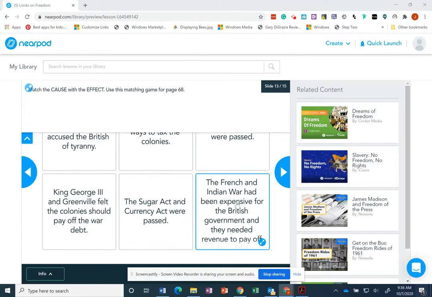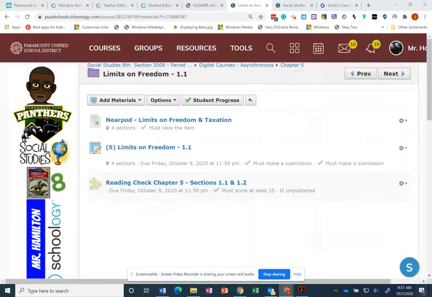So if you do get stuck, come back to the matching game. This matching game is in Schoology under the Nearpod walkthrough for Chapter 5, 1.1 and 1.2. Okay, right here in Schoology in the Chapter 5 folder under Limits and Freedom 1.1 and 1.2.